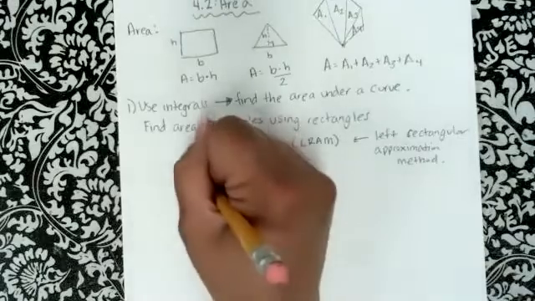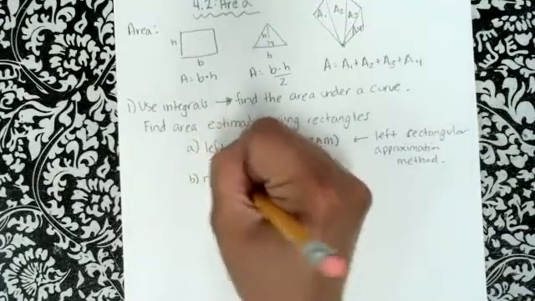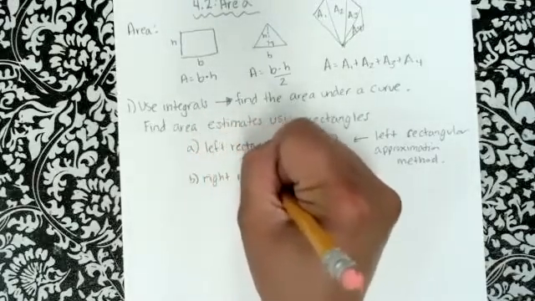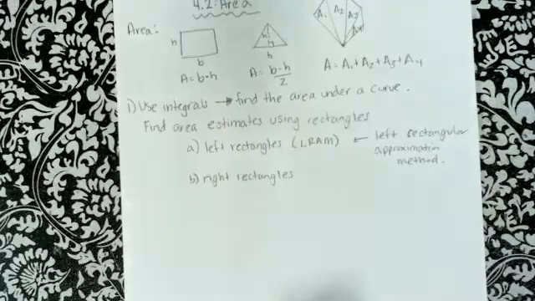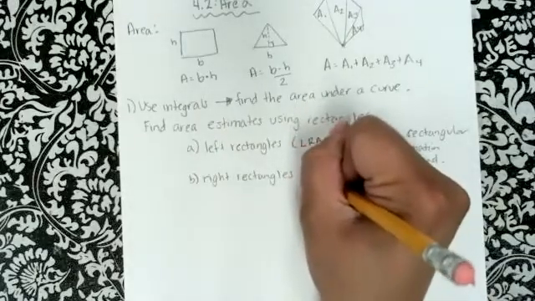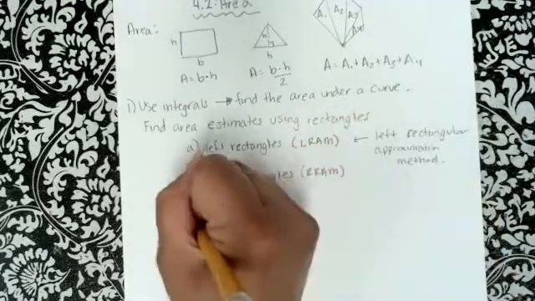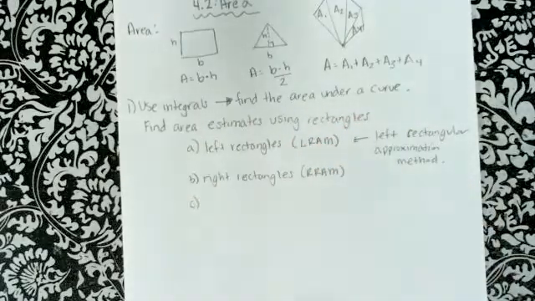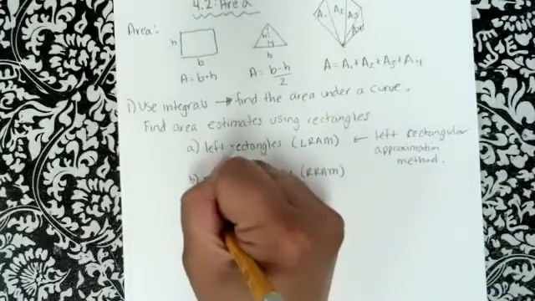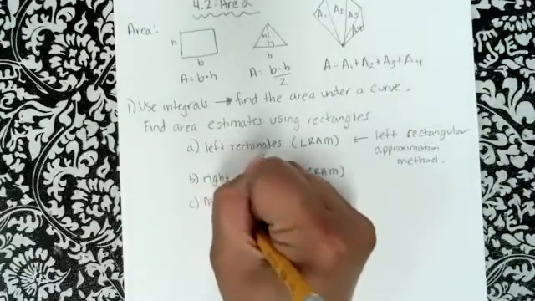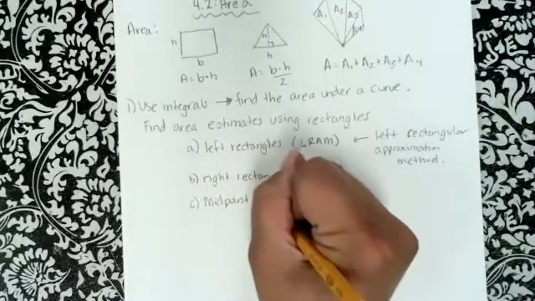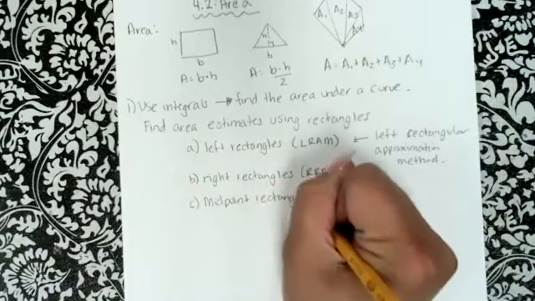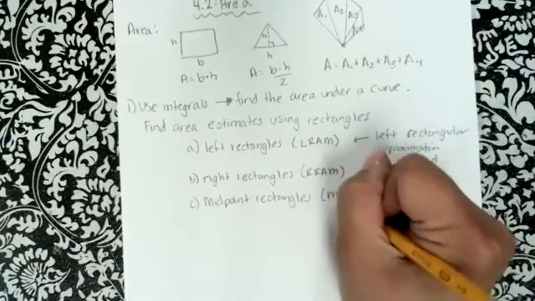With that said, we will also have right rectangles. That's going to be known as RRAM. And lastly, we will have midpoint rectangles, which is going to be known as MRAM.